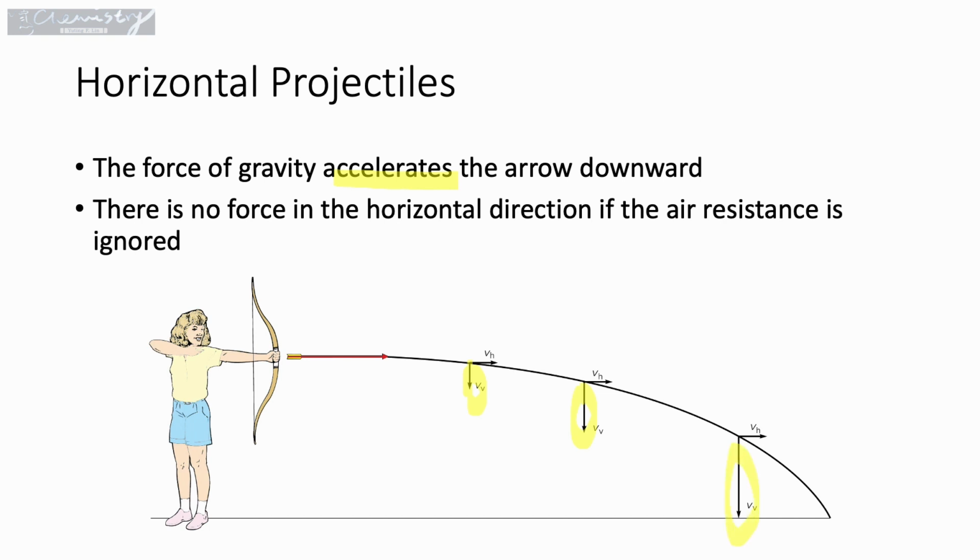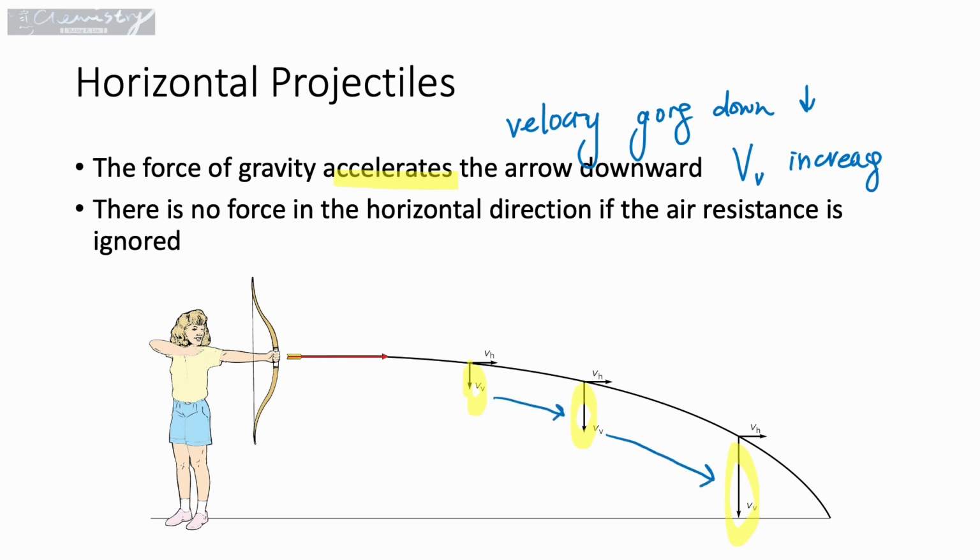And because it's accelerating, our velocity going downwards is going to increase. So we can say that the vertical velocity, the velocity of the vertical motion, is increasing, and that is represented by the larger arrow pointing downwards as we go.